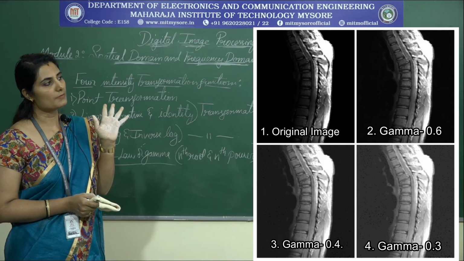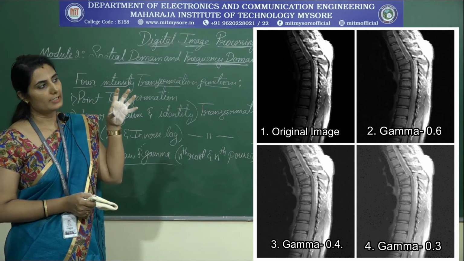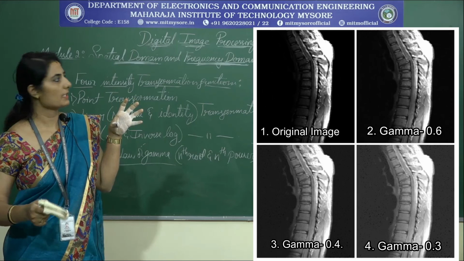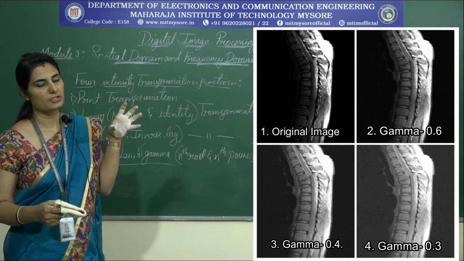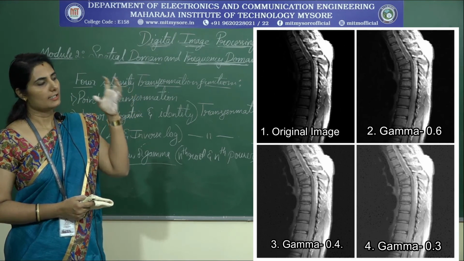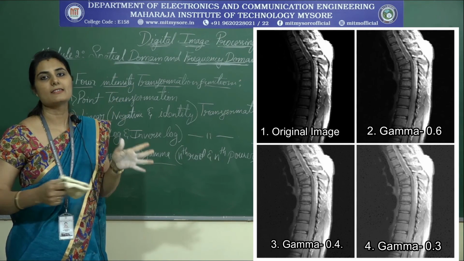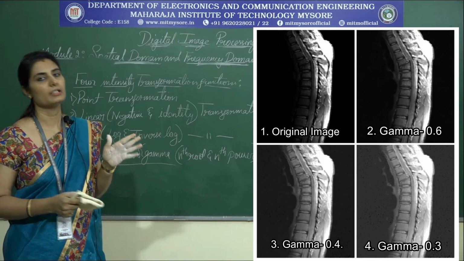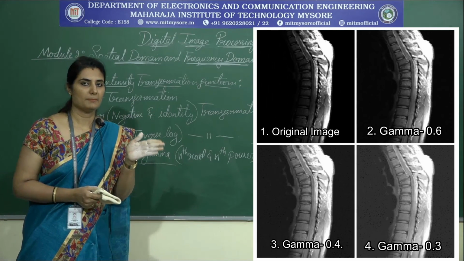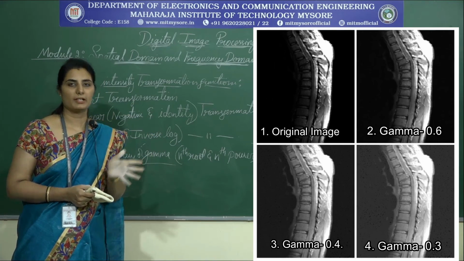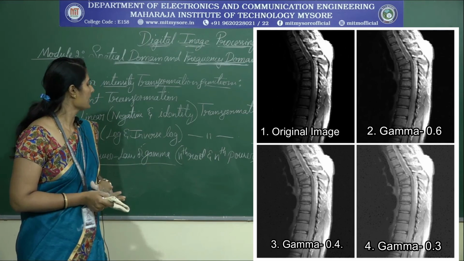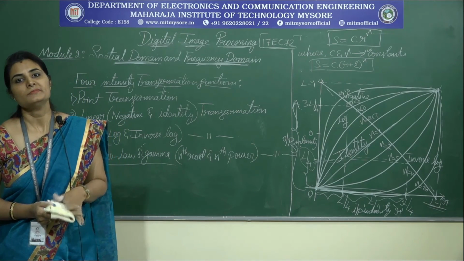So here you observe that whenever the gamma value is being reduced, we observe that the darker part of this region is being expanded, right.